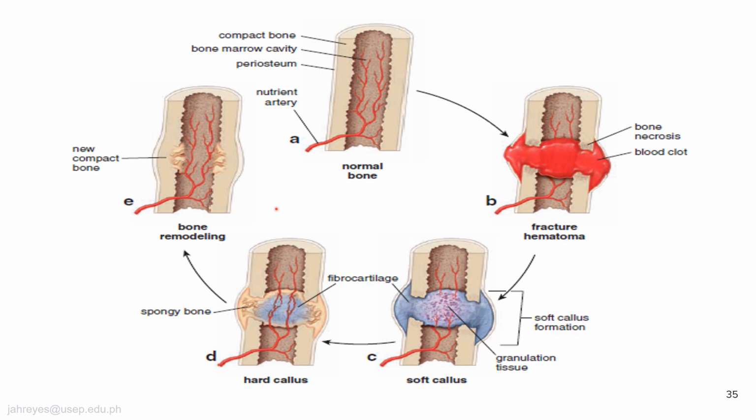This is another illustration of the bone healing process. So the normal bone, when exposed to injury and creates a fracture, there is bone necrosis that will happen, and blood clot formation that will occur. So that is the initial response to injury.